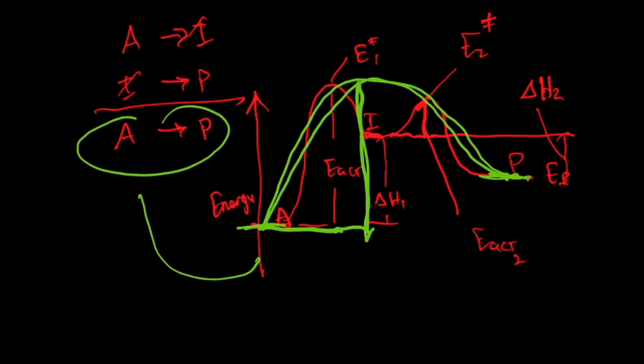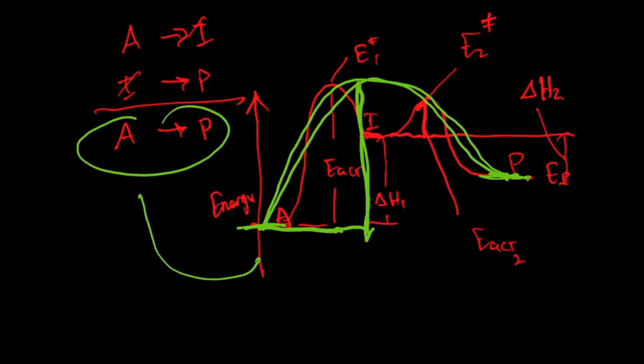But if you're looking at the individual steps, A going to I going to P, then the first step has an activation energy. It's got an initial transition state. It's got a delta H1. The second step has an activation energy forward. It also has an activation energy reverse.